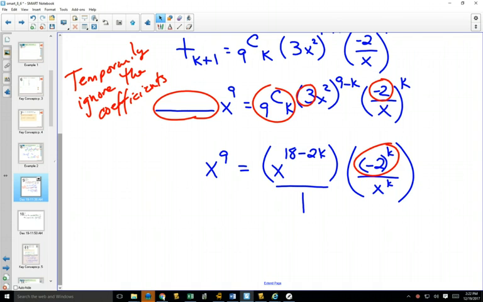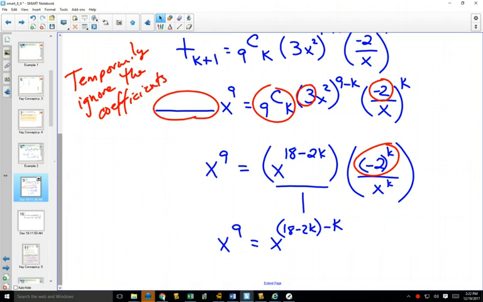You can subtract. So I'm going to do that, and I would have x to the 18 minus 2k, and I'd have to subtract k. So you see that red negative 2 to the k that I circled? I'm ignoring it now, because all that would do would affect a number in front. And I just want to look at my power with the base of x.